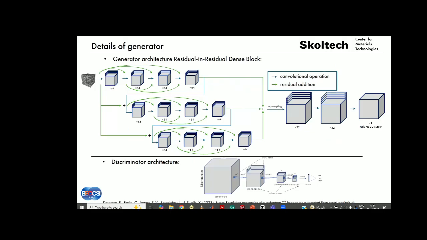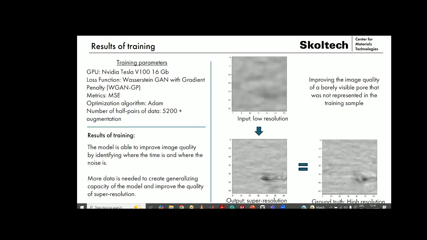This is a state-of-the-art GAN model, so it's already quite old, from 2018. Here are the training parameters and the results. As you can see, from these very low resolution images, the model was able to reconstruct this one, and they're quite equal to this. At first glance, we can see that it's okay.